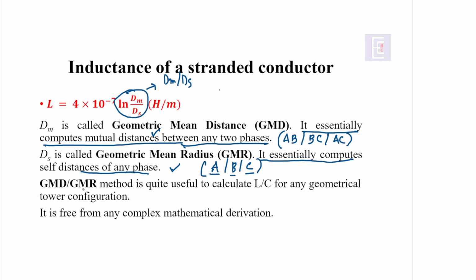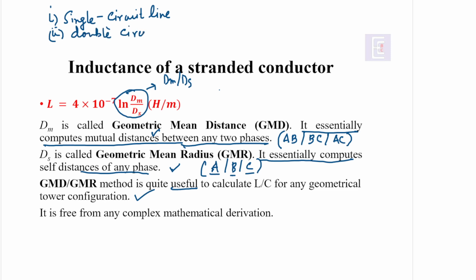Now this GMD GMR method is very useful to calculate L and C for any geometrical configuration. We may have different geometrical configurations in our power system. We may have single circuit line, we may have double circuit line.